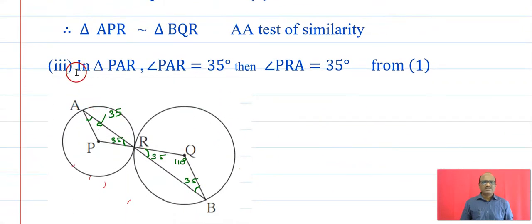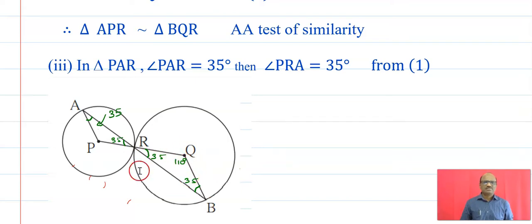Also next, in triangle PAR, we'll find the measure of angle BQR. In triangle PAR, angle PAR is equal to 35, and therefore the measure of angle PRA is equal to 35, because these two angles are congruent. Also, these are the vertically opposite angles, therefore the measure of angle QRB is 35, and the measure of angle QBR is also 35.